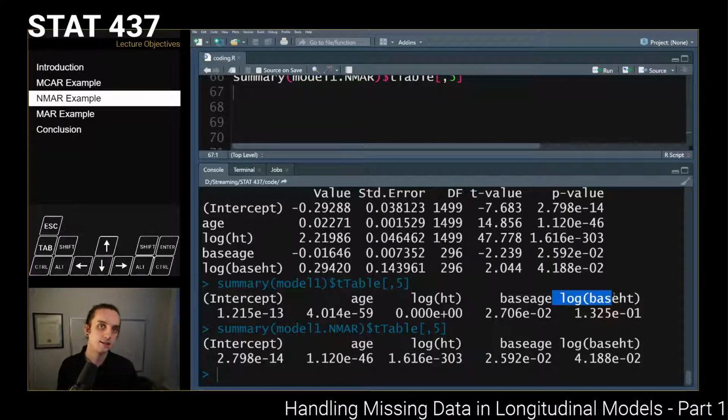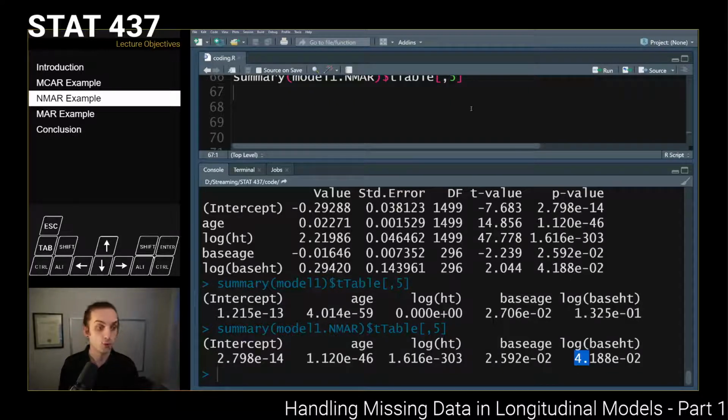And then we're into the interesting value here, which is the log of baseline height. We have 0.1325. So we had concluded in the past that this was actually not significant, right? It's not significant at a 5%. It's not significant at the 10% level. In our log of baseline height for the model that has this not missing at randomness in it, we actually would conclude that it's significant at a 5% level, right?